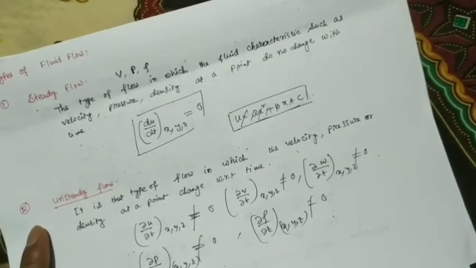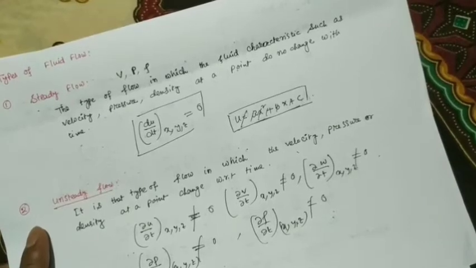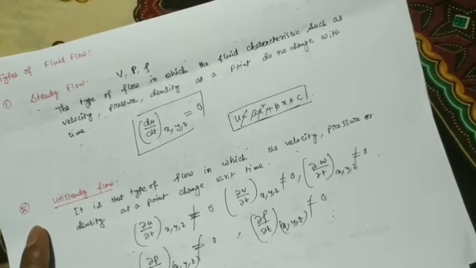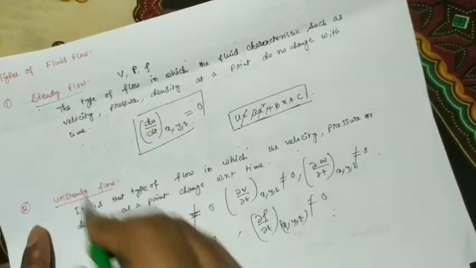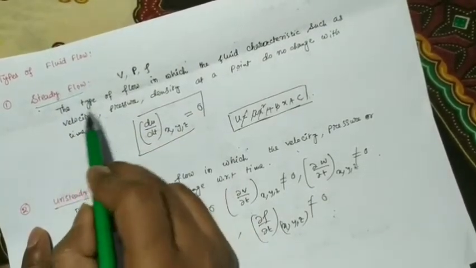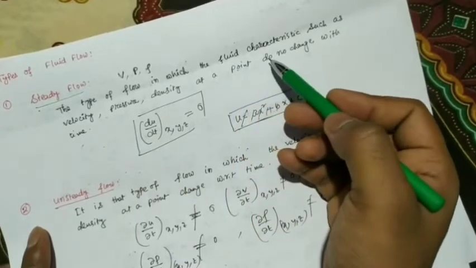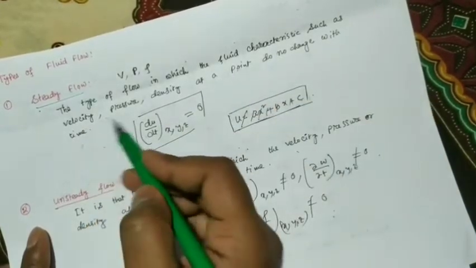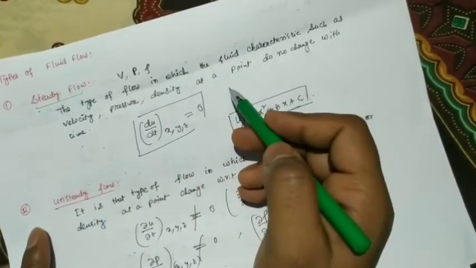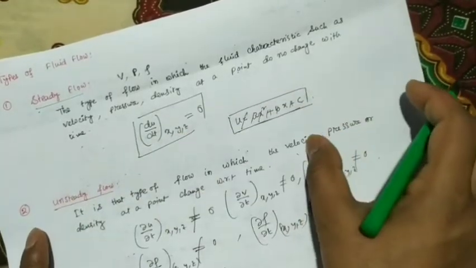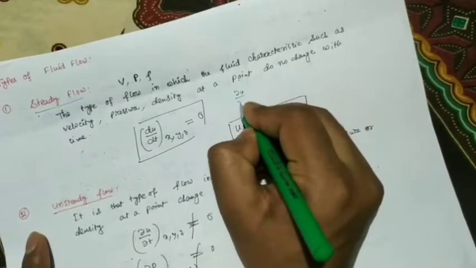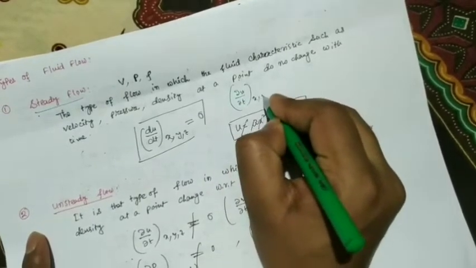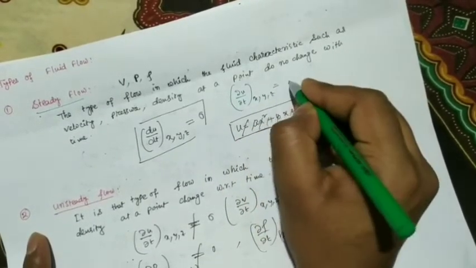Next, types of fluid flow. It is most important, because many questions in the exam are asked from this portion. First, steady flow. So what is steady flow? It is the type of flow in which the fluid characteristics such as velocity, pressure and density at any point do not change with time. That means del u by del t at any position will be 0.